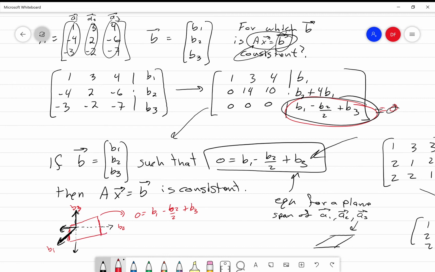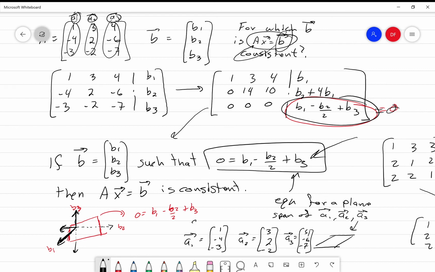All right, so basically the span of the columns of this matrix here, the span of these three vectors. Okay, so I have the vector A1 equals 1, negative 4, negative 3. A2 equals 3, 2, negative 2. And A3 equals 4, negative 6, negative 7.